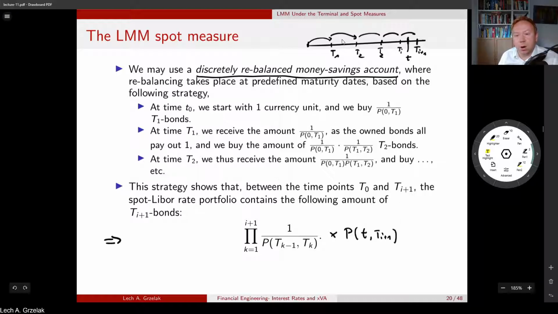This means that we are rolling. We are exceeding after the time t. And then we discount this amount until this point, and discounting would take place with P(t, t_{i+1}). So this is basically the construction of how we can define the amount accumulated using the discrete tenor structure until a time in the grid.